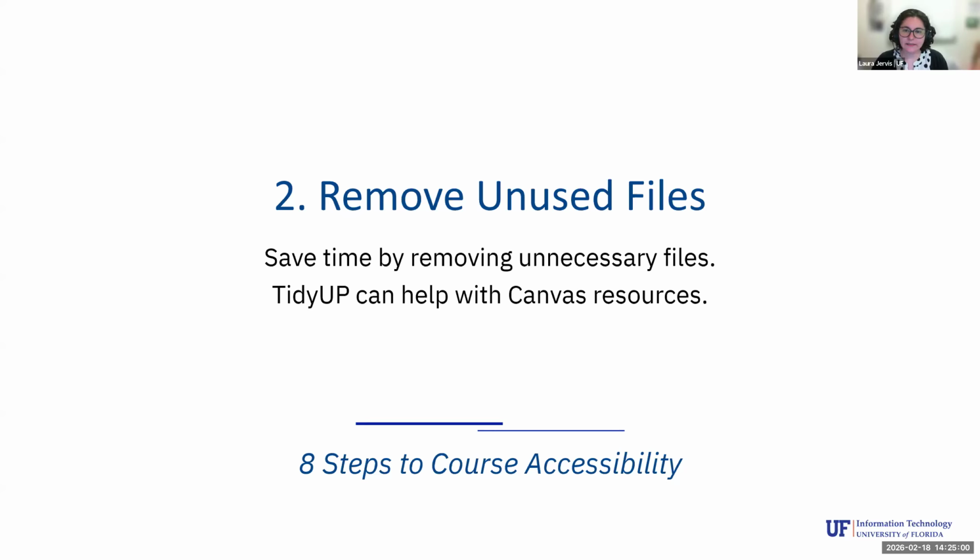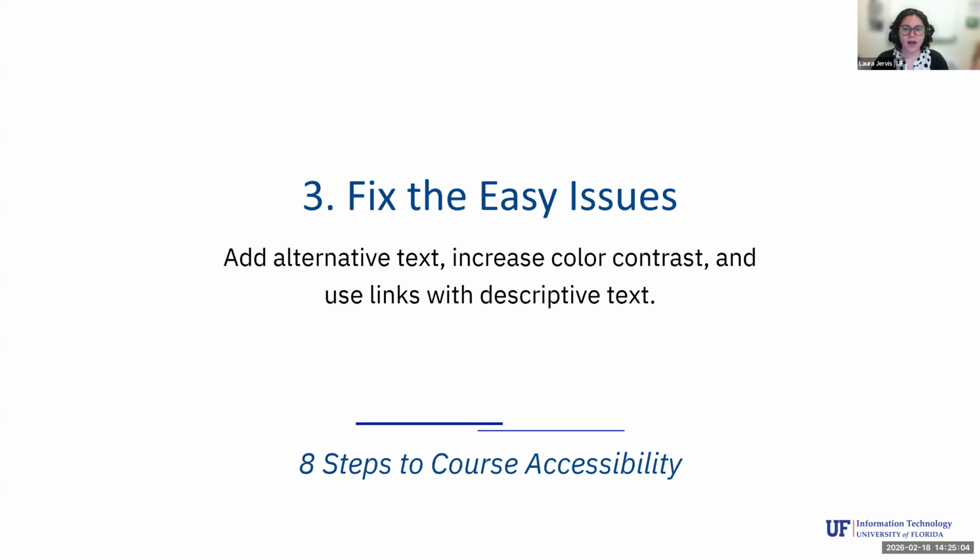Once you've cleaned things up and you know where you're at, I think it's good to build your momentum and gain confidence by fixing easy issues. Both Ally and You Do It, the two tools I mentioned earlier, have a button that says something along the lines of content with the easiest issues to fix, or fix easy issues. It depends on which tool you're in.